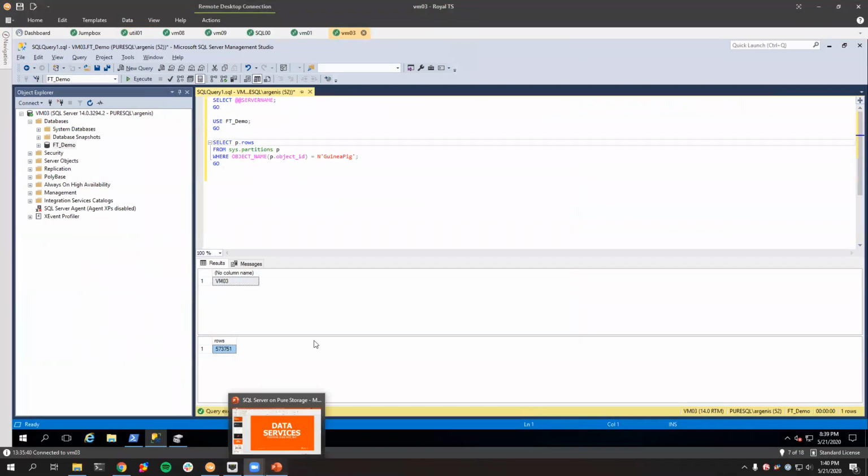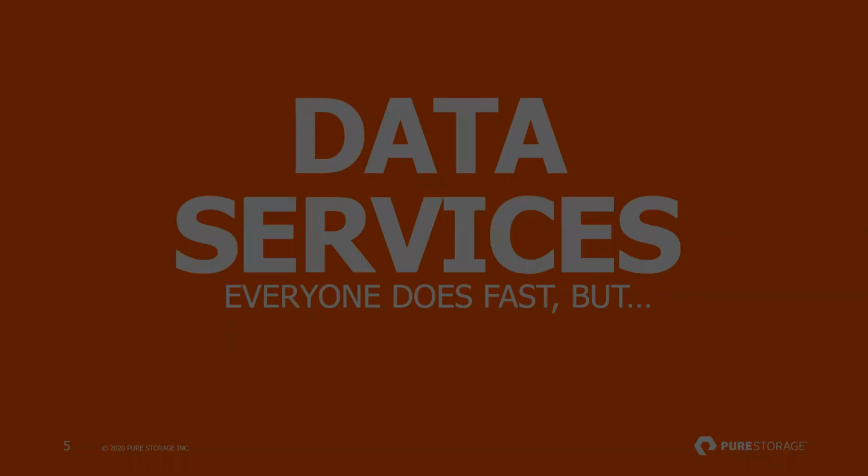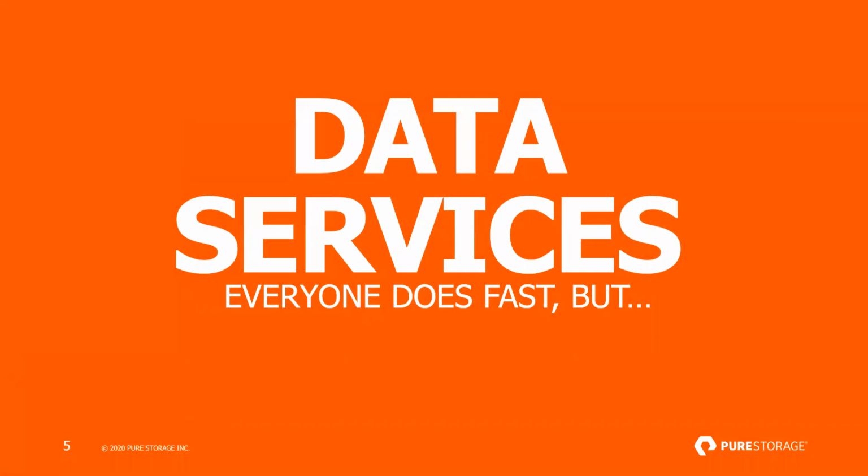So that's what I wanted to show you today in terms of data services. But you also want to understand that it's not just replication between flash arrays, right? We also have FlashBlade. Offloading data to FlashBlade is a thing, and replicating between FlashBlades is also a thing. I don't have a demo for that today, but I just want to highlight a customer case study that we just saw that was replicating data on S3 buckets between two FlashBlade devices.